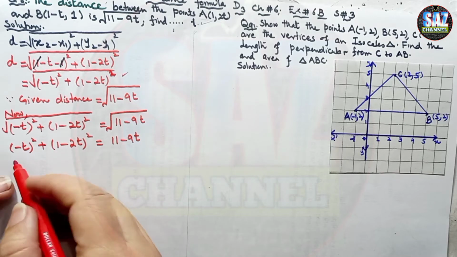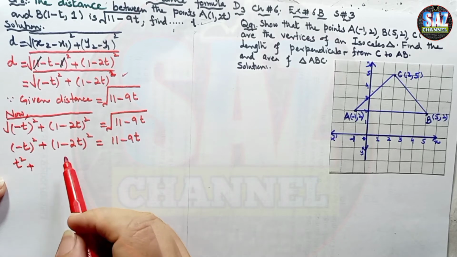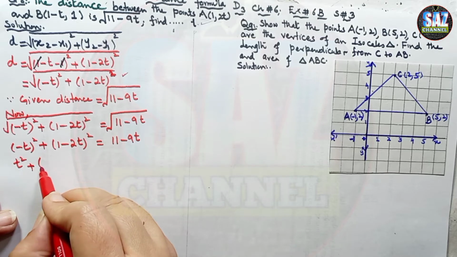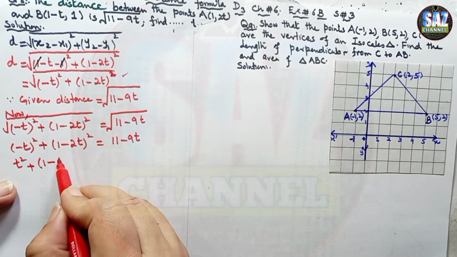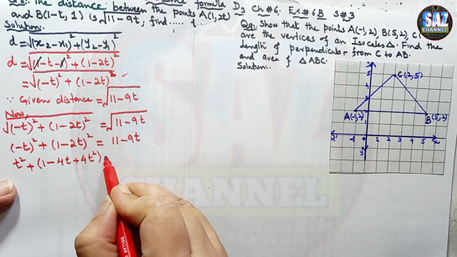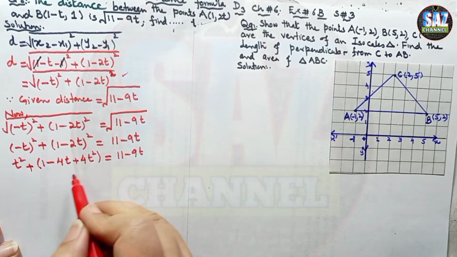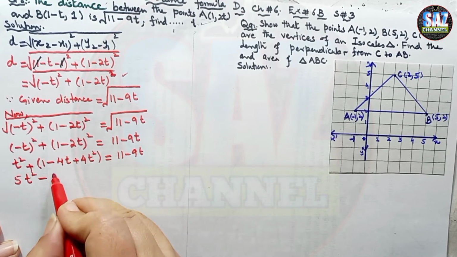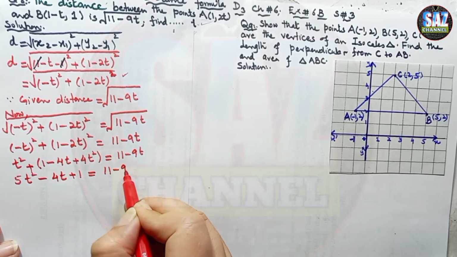Now simplify the left hand side of the equation, and the equation will take the form t square plus, over here we have to apply the perfect square identity with differences, a square minus 2ab plus b square, so 1 minus 4t plus 4t square equals 11 minus 9t. Okay, solve the like terms. Like t square plus 4t square will give me 5t square minus 4t plus 1 equals 11 minus 9t.